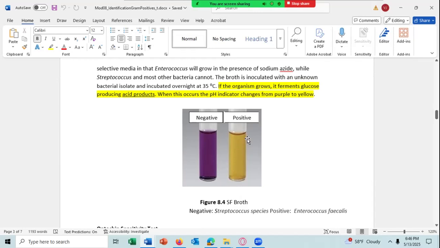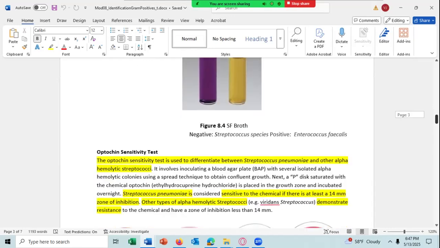So this is SF broth positive, and that is Enterococcus faecalis. Other members of the Streptococcus family, in fact all members of the Streptococcus family, are SF broth negative, and they will remain purple in color when grown in the SF broth. Any question about that test?